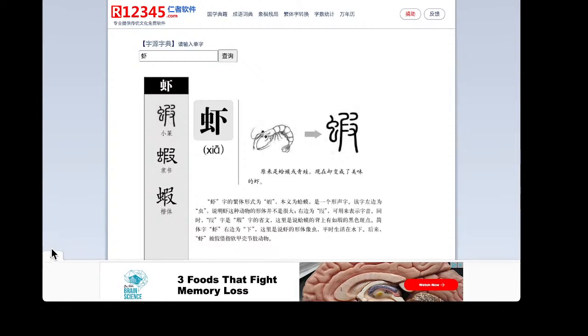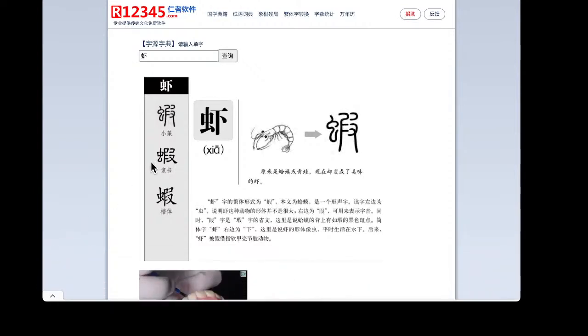If you look at the traditional form on the right, it was not xia, it was, what is that again? Jia? Jia. It was jia, and had something to do with the shell on the shrimp's back, and it has certain coloring. Something like that.